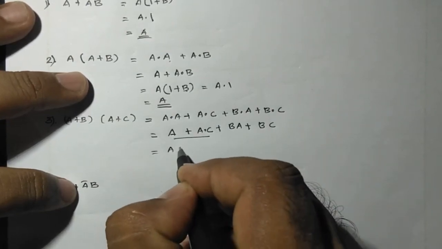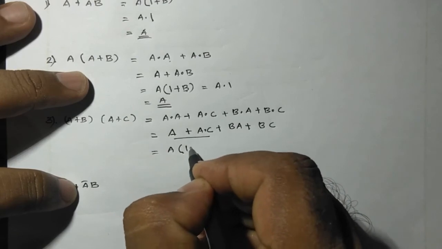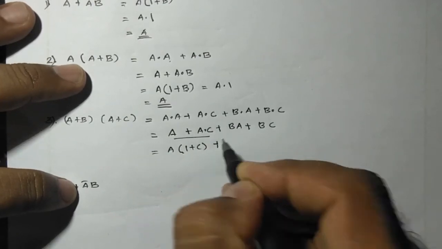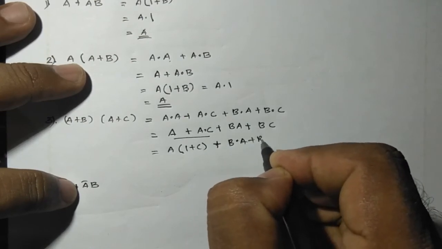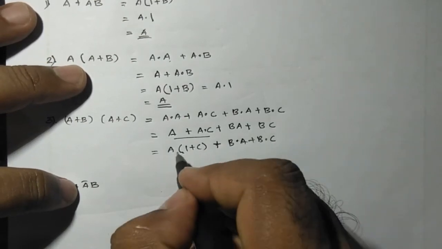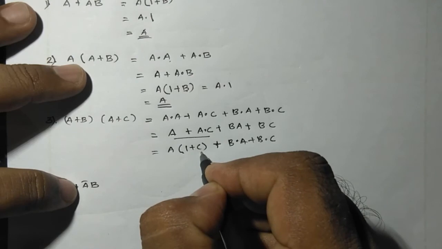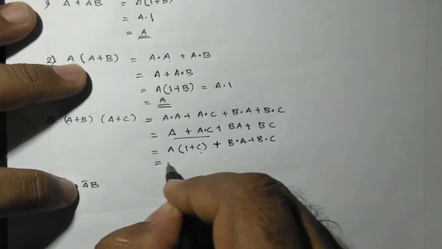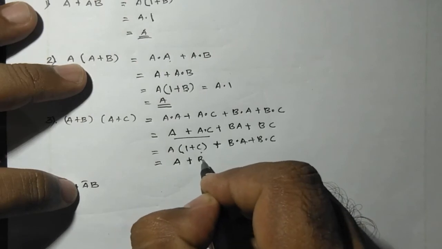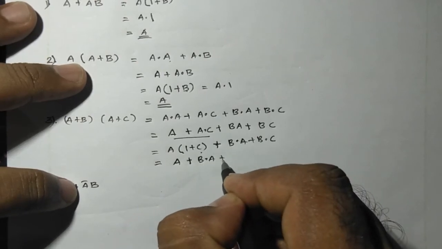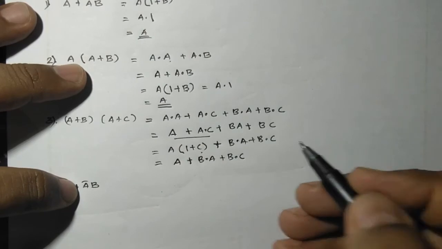So this becomes A and (1 or C) or B and A or B and C. 1 or C is 1. So this becomes A or B and A or B and C.